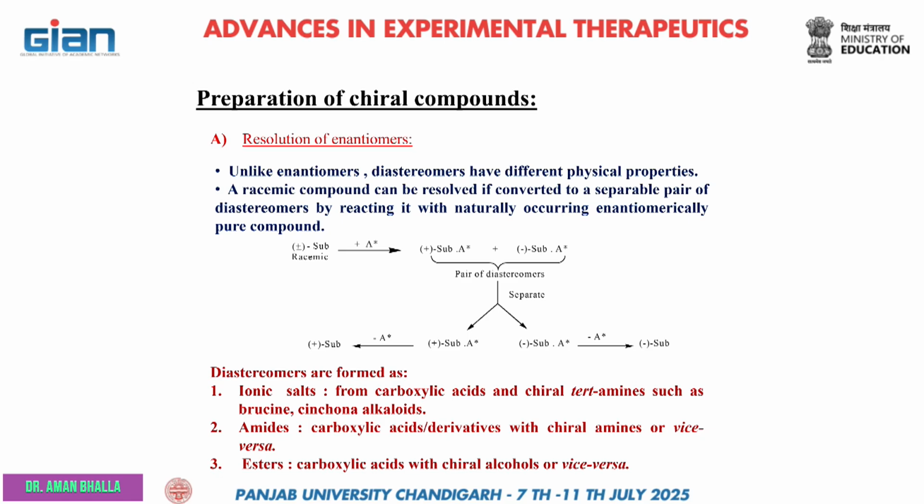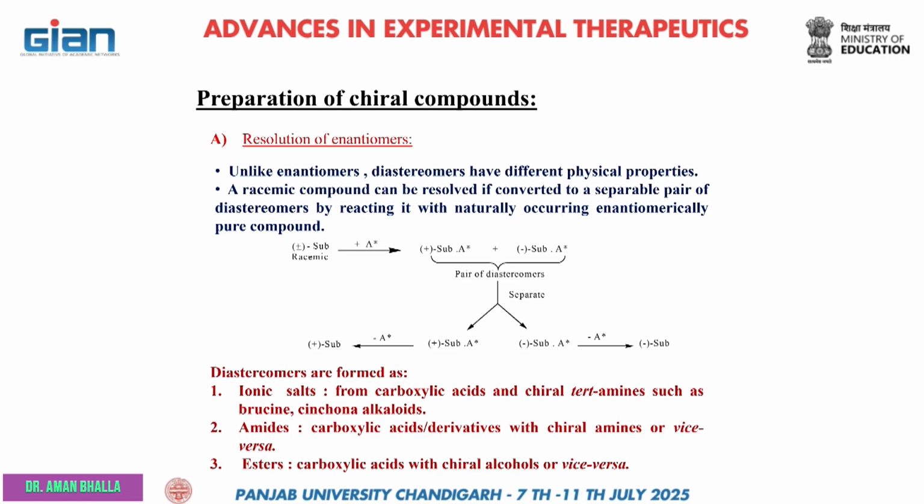Diastereomers. So you can see plus substrate A star and minus substrate A star, that means you have a pair of diastereomers. Now you separate them. Diastereomers can be separated by fractional crystallization, distillation, there are different methods.